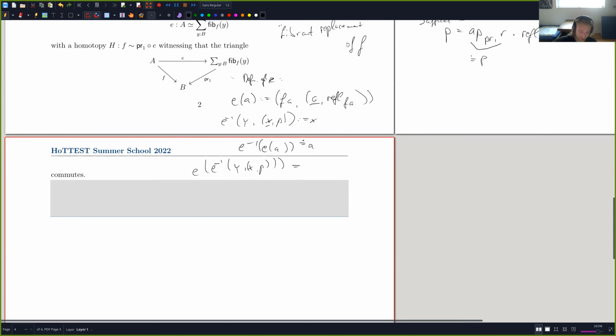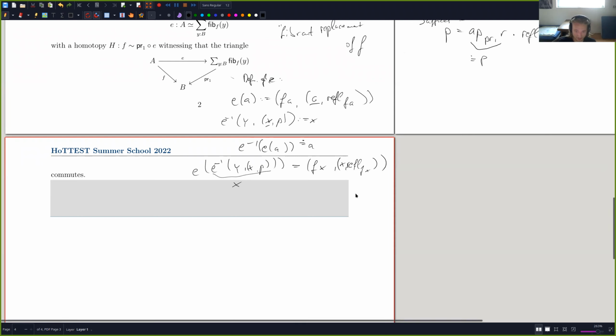So we want to prove that those are inverses, and we already know that this computes to just x, and E of x is really F x, x, refl.